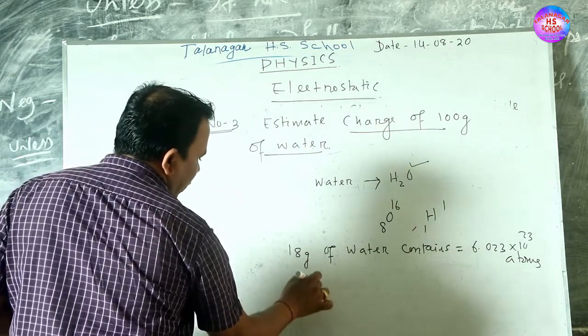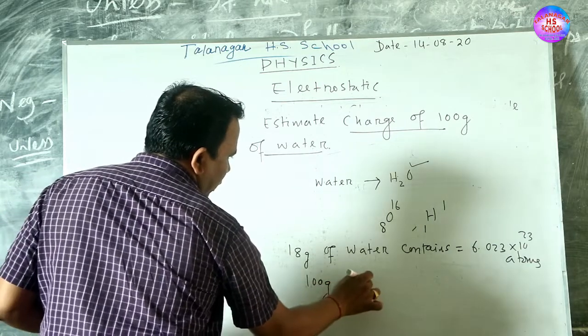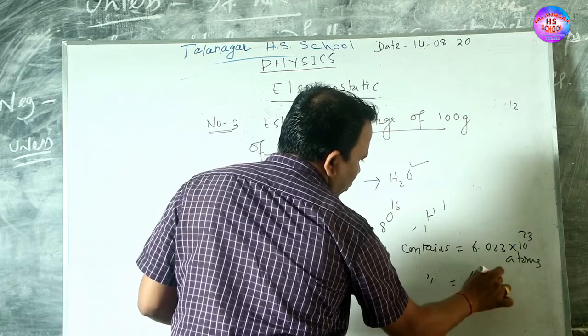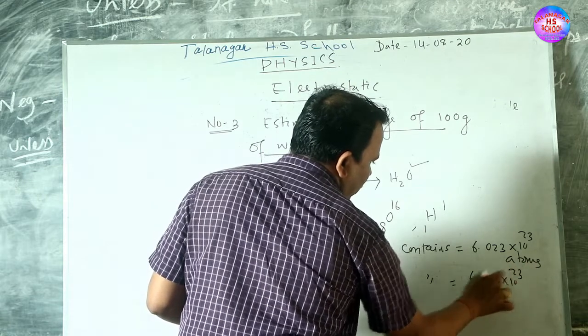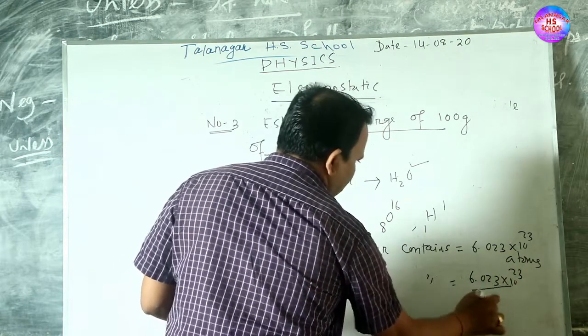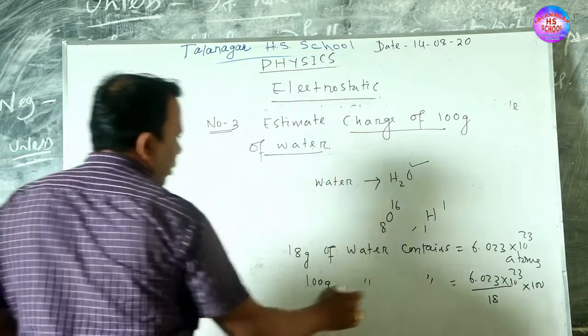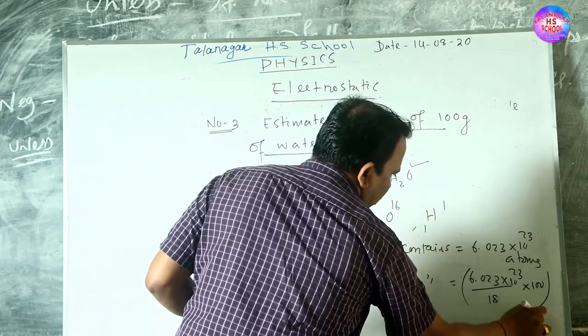That means 100 gram of water contains the number of molecules equal to 6.023 into 10 to the power 23 by 18 into 100. This is the number of atoms or molecules.